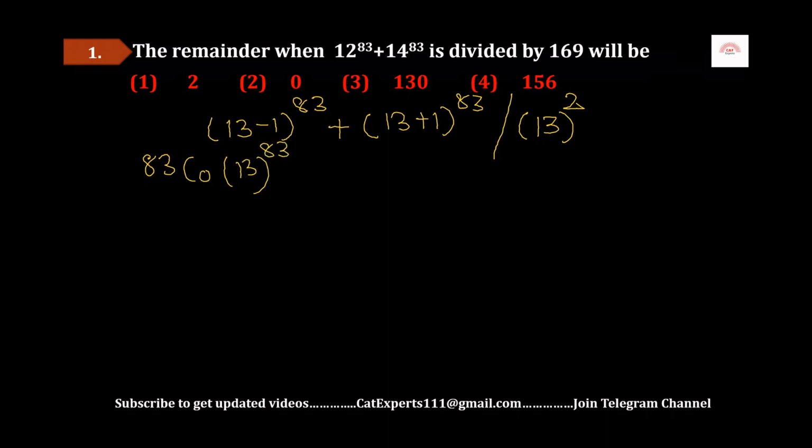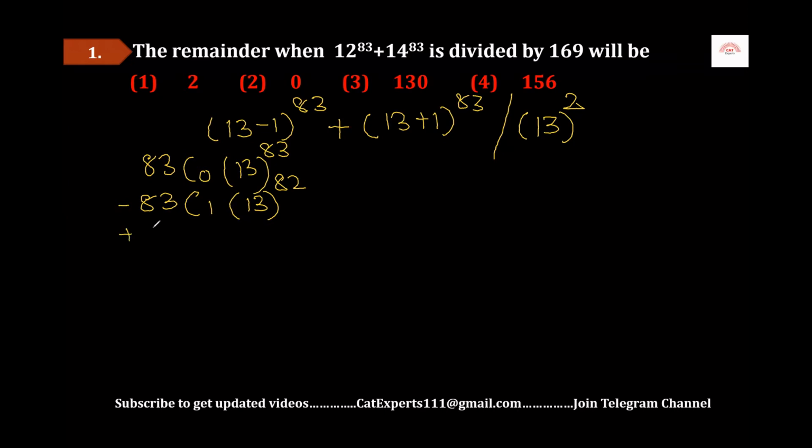There is no need to write it. This is going to be the first term. Since it is negative, the second term has to be minus as per our discussion. So minus 83C1, 13 power 82. Power of 13 should go on decreasing by 1.